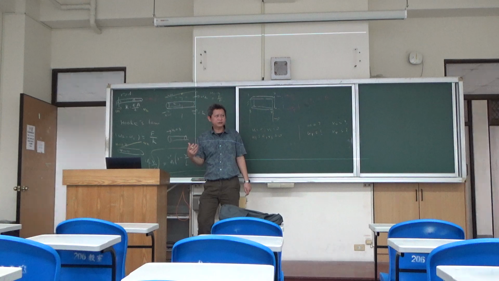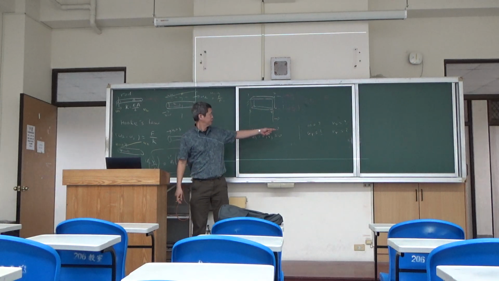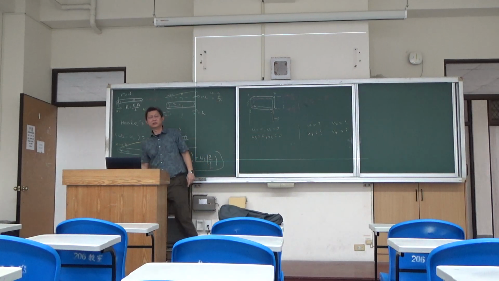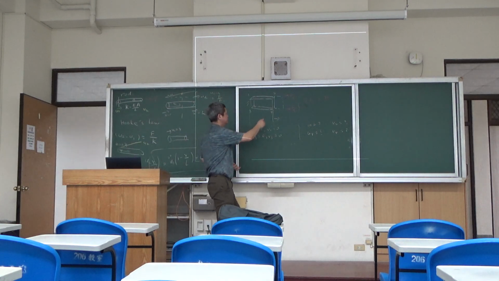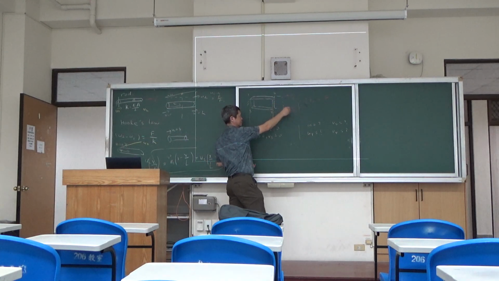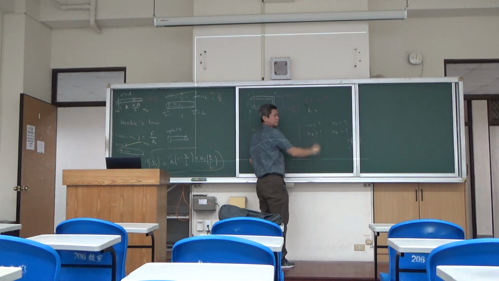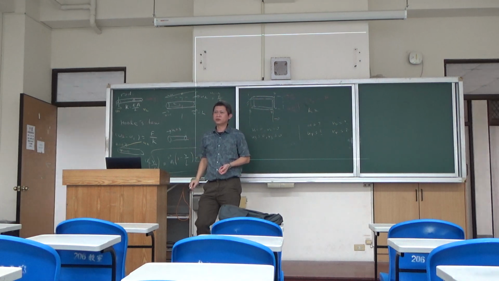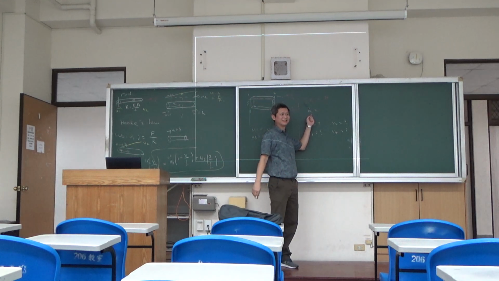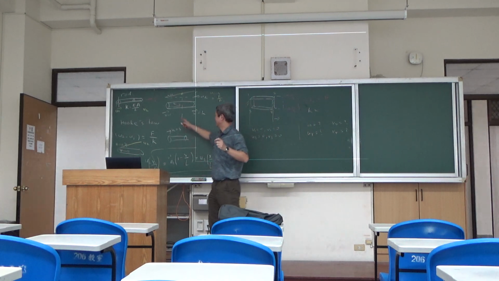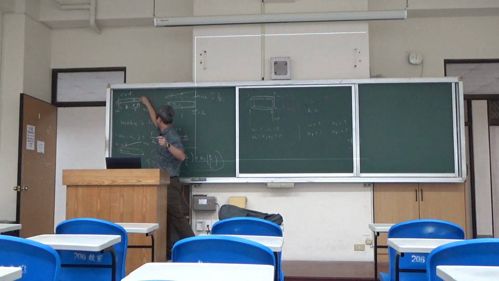Before we do any solution, could we have a quick guess? What is the K here? For a plate, this is for a rod.